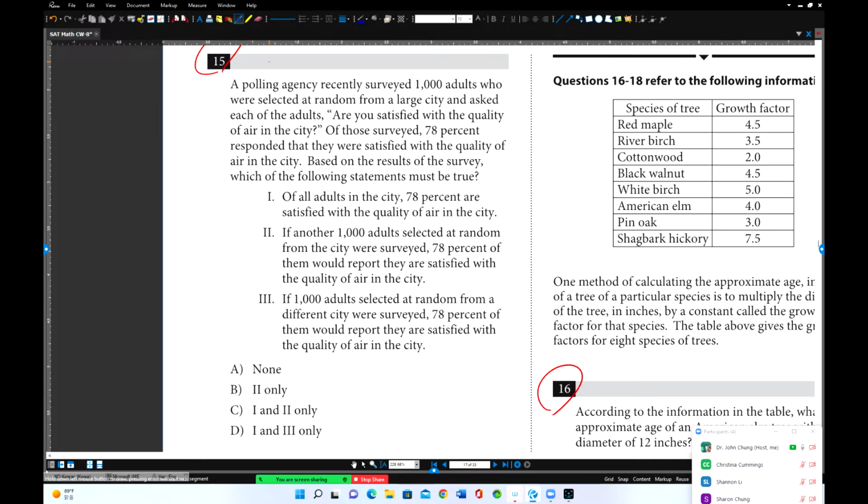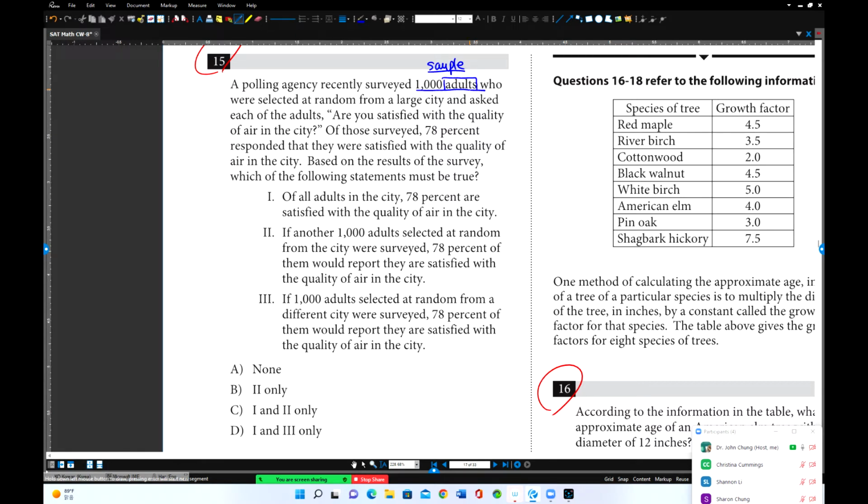We have a scenario there. Polling agents recently surveyed 1,000 adults. That was the sample. Sample size is what? 1,000 adults. They should be adults, because we surveyed adults.